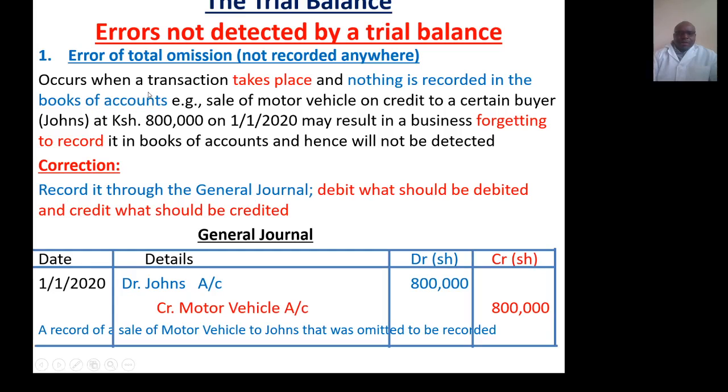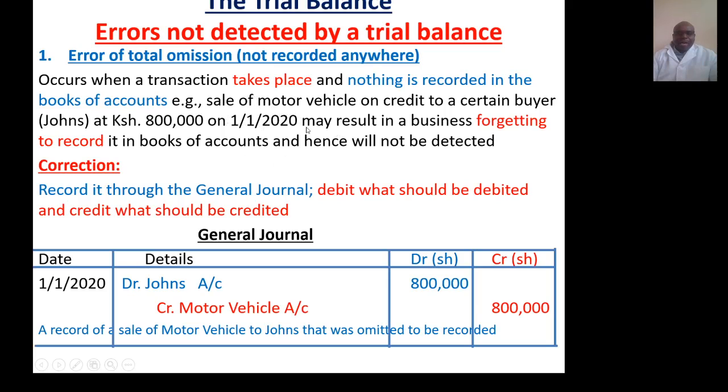1, errors of total omission or not recorded anywhere in the accounts. This occurs when a transaction takes place and nothing is recorded in the books of accounts. For example, a sale of motor vehicle on credit to a certain buyer, for example, John, at 800,000 on 1st January 2020 may result in a business forgetting to record it in books of accounts and hence will not be detected by the trial balance.